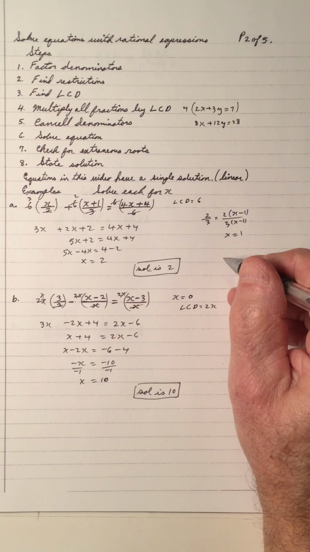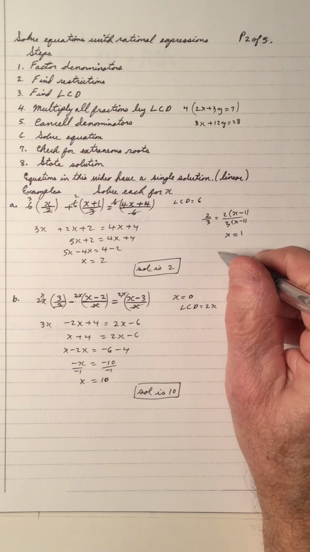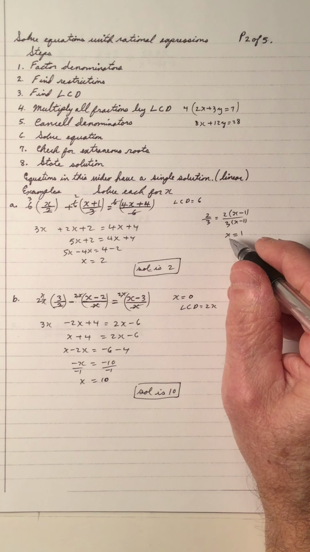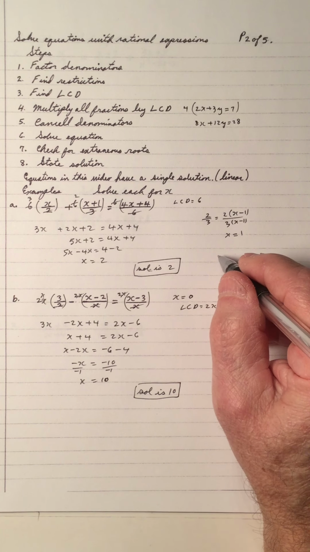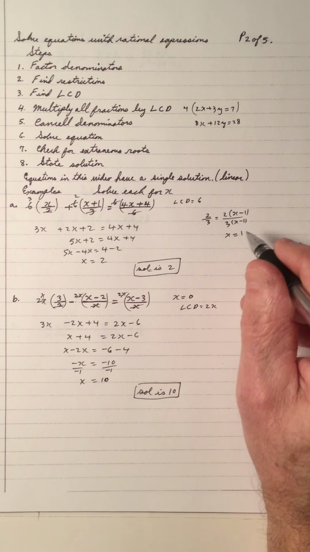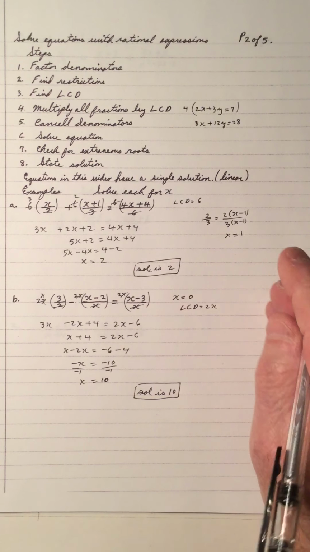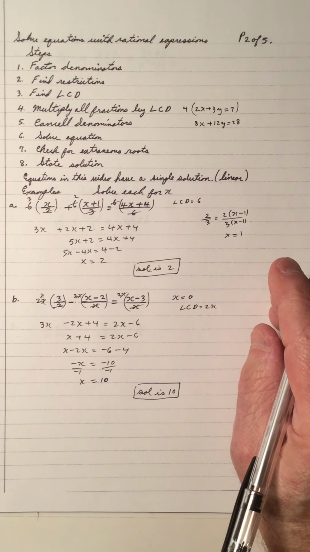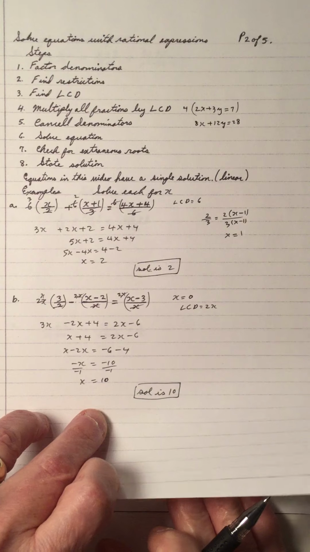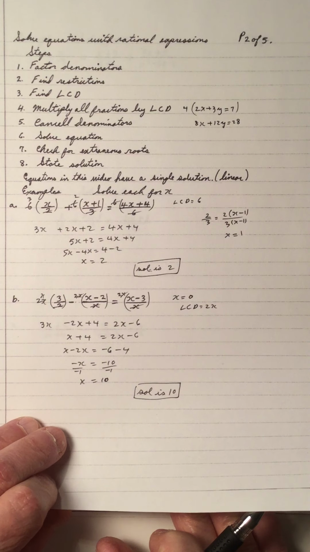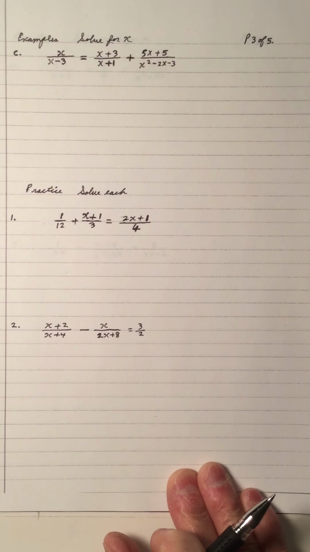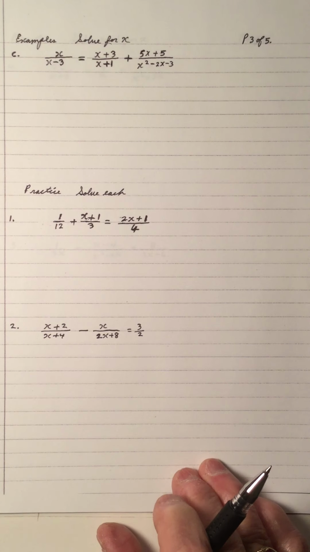So when you multiply fractions by rational expressions like x plus 4, x minus 6, or 2x plus 3 or anything, you're creating a value that will make the denominator 0. So when you multiply a fraction by an expression, you're creating another number that will make the denominator 0. So we have to be careful of that. I'll explain more of that as we go.